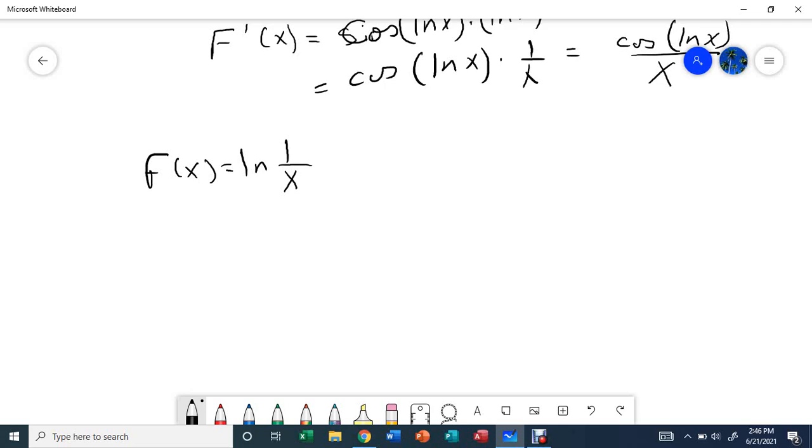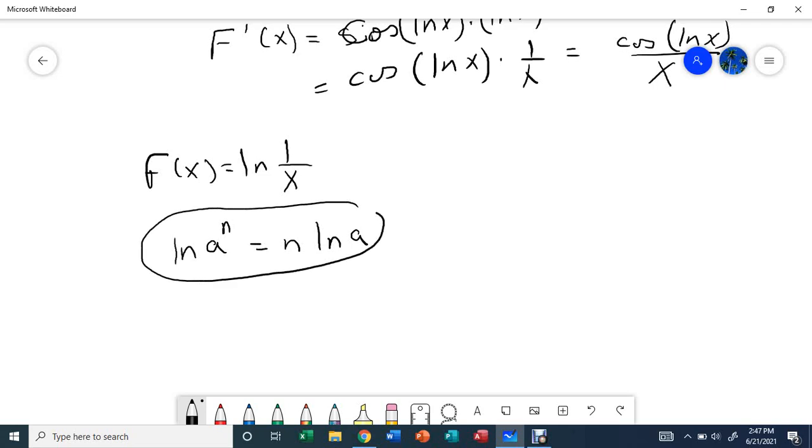We can use the rule to find the derivative of this, but let's simplify it a little bit using the power rule for logarithm. Remember the power rule for logarithm: ln of a to some power n is the same thing as n ln of a.